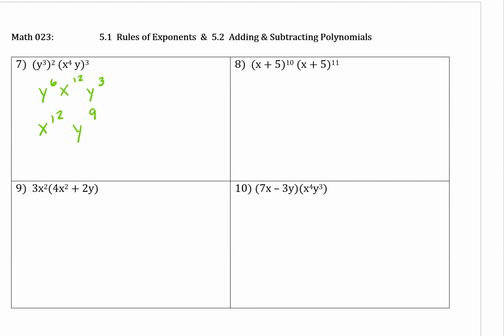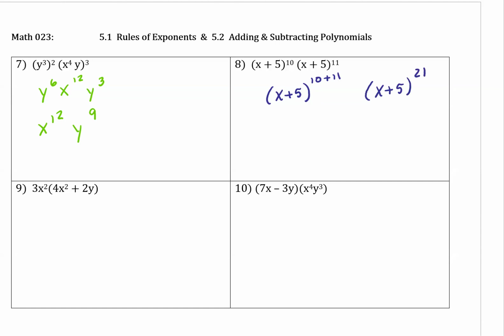Number 8, you have the same base. Your base is x plus 5. Same base multiplying, keep the base, add the exponents. So that would give us x plus 5 to the 21st power.